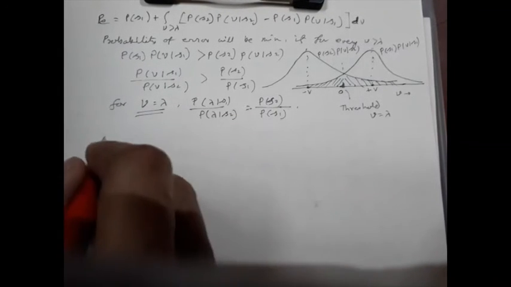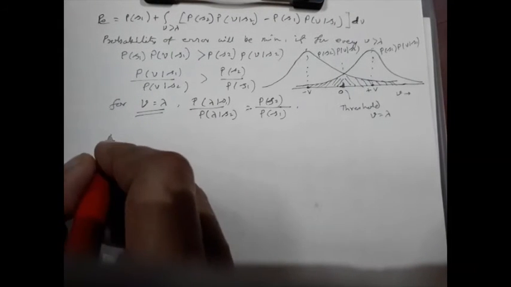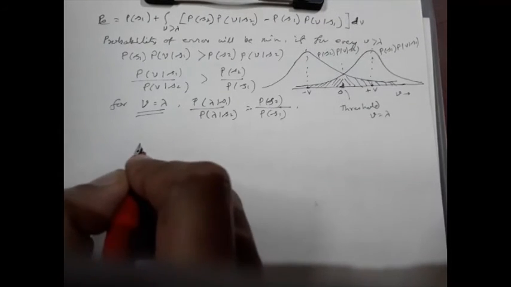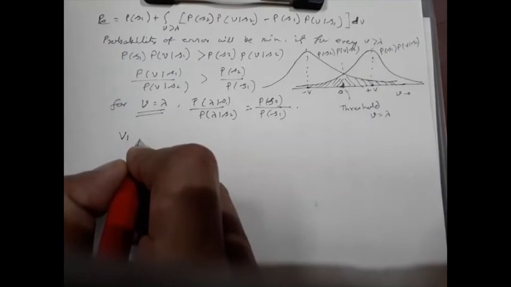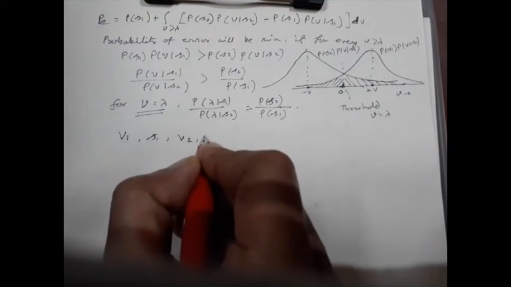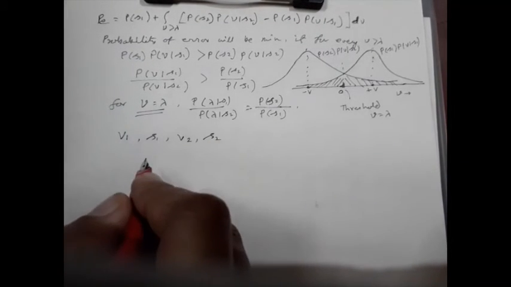To understand this, let us consider a numerical problem. It is said: find the decision threshold if the conditional probability density functions after addition of noise are Gaussian, and voltage V1 represents symbol S1 and voltage V2 represents symbol S2 for the no-noise case.